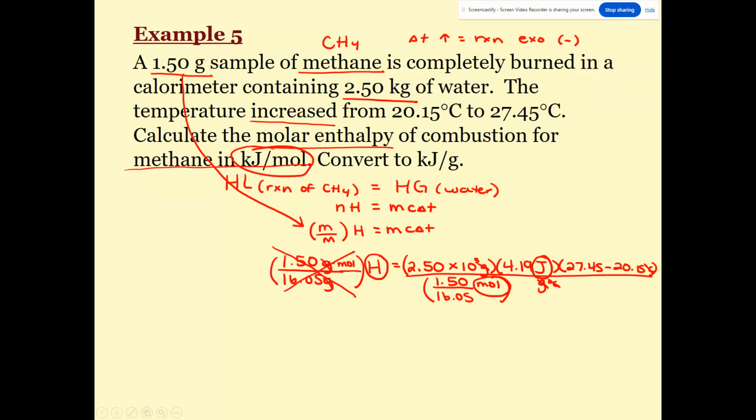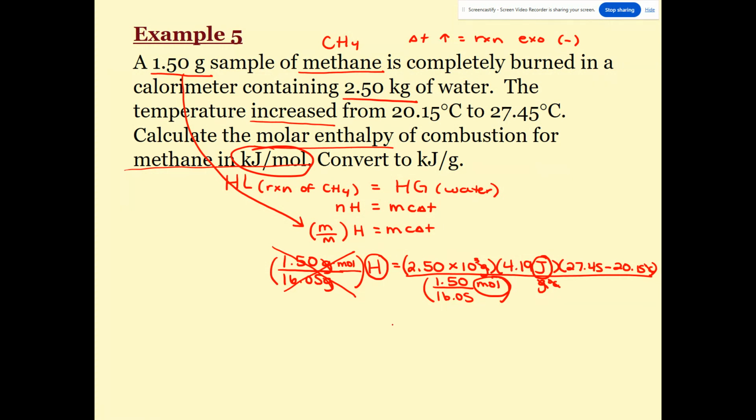So if I do this calculation, 2.5 times 10 to the power of 3 times 4.19 times, in brackets, 27.45 minus 20.15. We then hit divide by 1.5 divided by 16.05 in brackets.